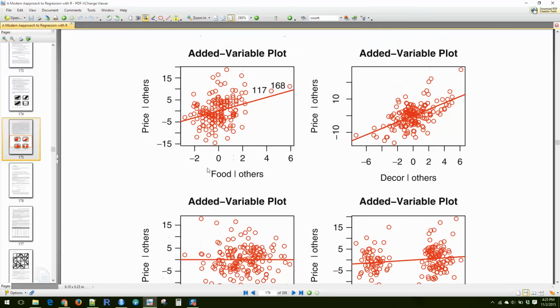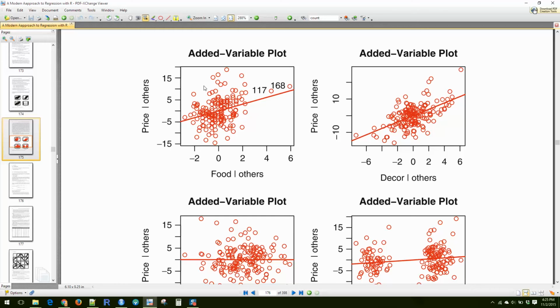However, if we were to remove food and add food, we see, oh yeah, there's actually some information there. If we removed decor and added decor, things like that, we see adding decor, plotting the residuals of the other things predicting decor and the others predicting price, actually adds some information to our graph, and so this is significant.